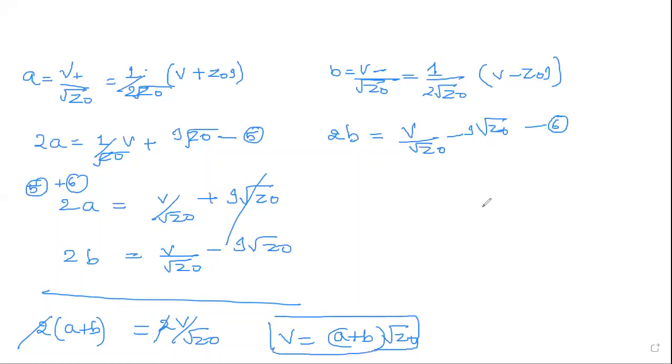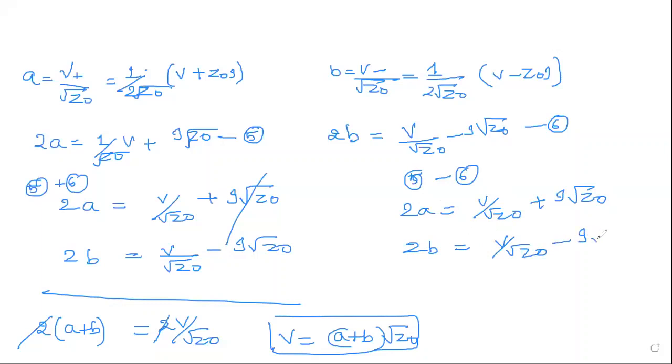Similarly, now subtract your equations a minus b, that is 5 minus 6. You'll get 2a is equal to V by square root of Z naught plus I into square root of Z naught. 2b is equal to V by square root of Z naught minus I into square root of Z naught.